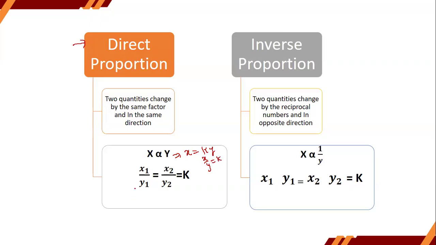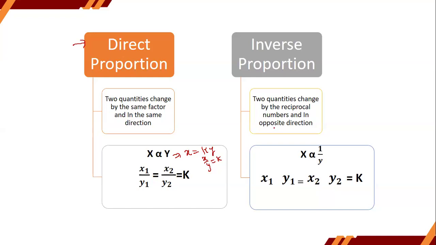That's the reason we have x1 by y1 is equal to x2 by y2 is equal to the proportionality constant. All right. Now coming to inverse proportion, here when one quantity increases, it forces the other quantity to decrease. So that's the reason the two quantities change by reciprocal factors and in the opposite direction.